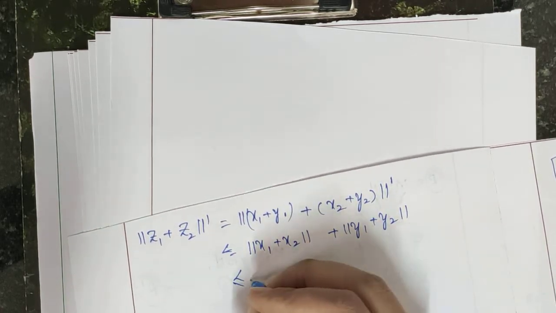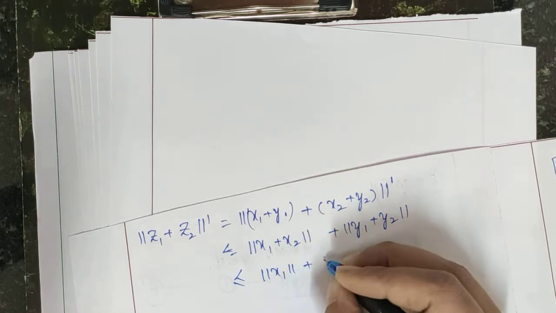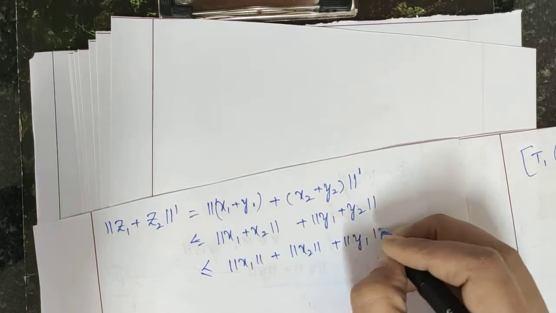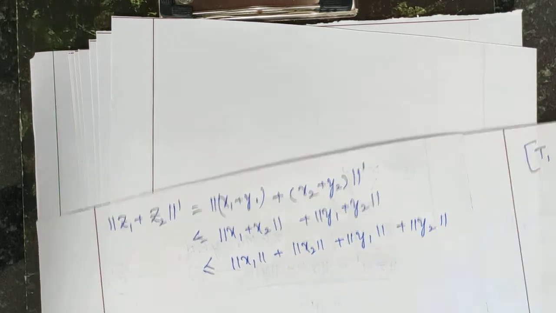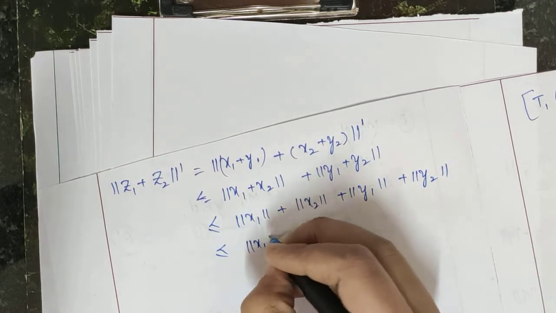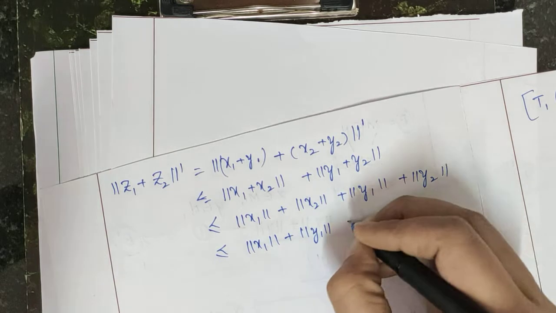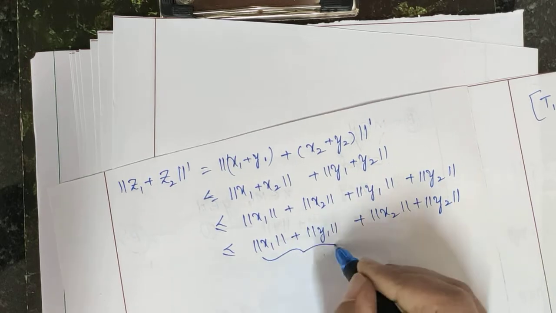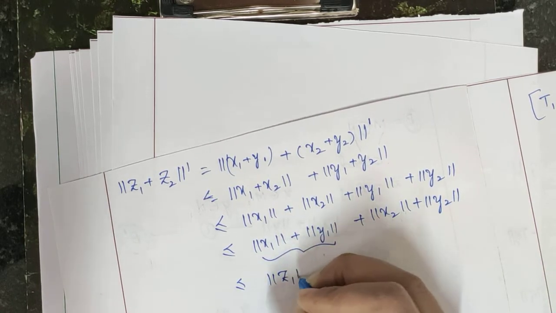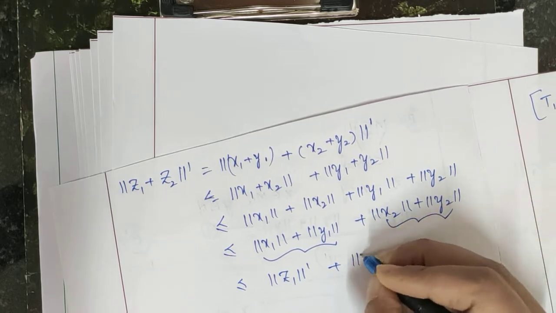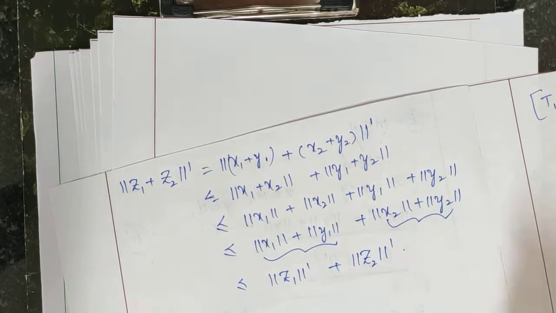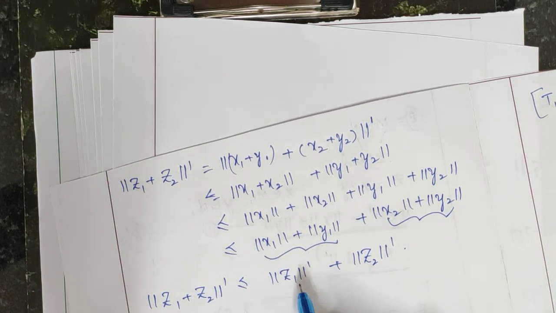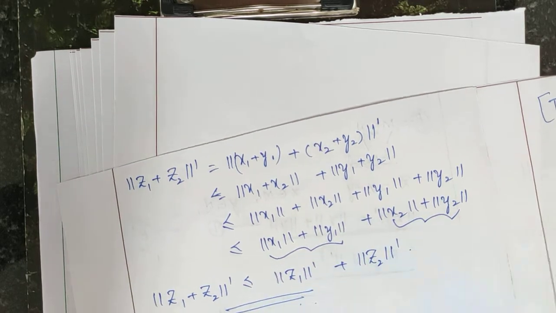So this will be less than or equal to norm X1 plus norm X2 plus norm Y1 plus norm Y2. Now group the terms: norm X1 plus norm Y1, plus norm X2 plus norm Y2. So this is nothing but norm Z1 prime, and this is nothing but norm Z2 prime. So your norm Z1 plus Z2 whole prime will be less than or equal to norm Z1 prime plus norm Z2 prime. This is our third condition.